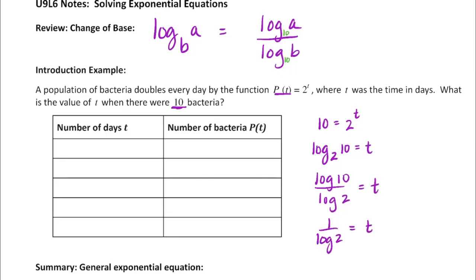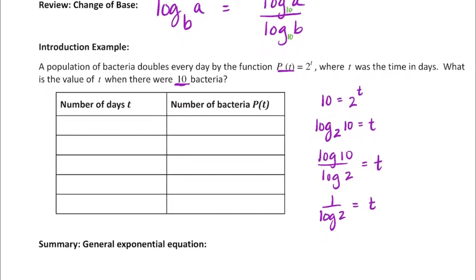So in my calculator, I'm going to put 1 divided by log 2, and I'm going to get about 3.219. And this was days, right, for a unit. We are doing word problems, so add your unit to your answer.